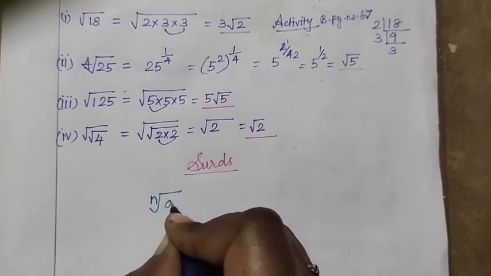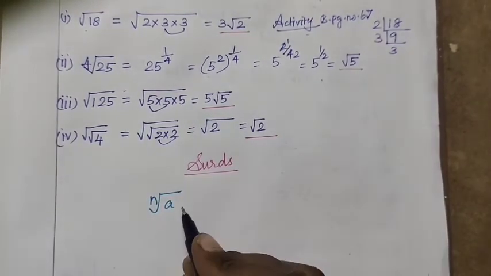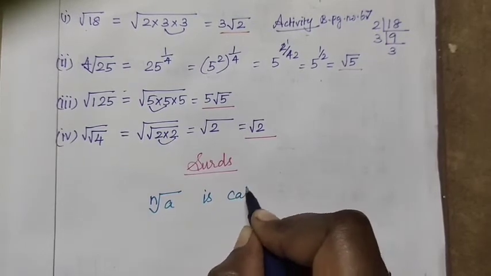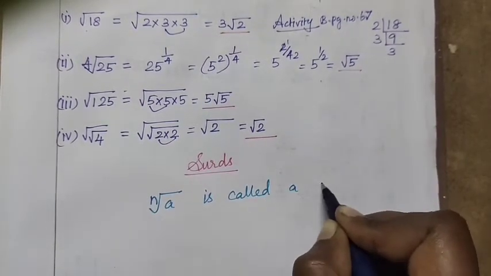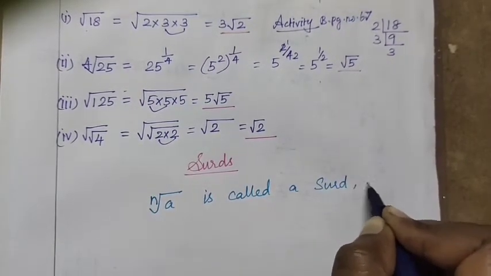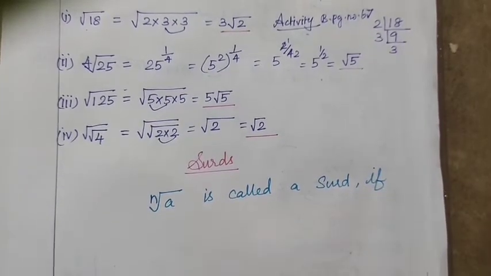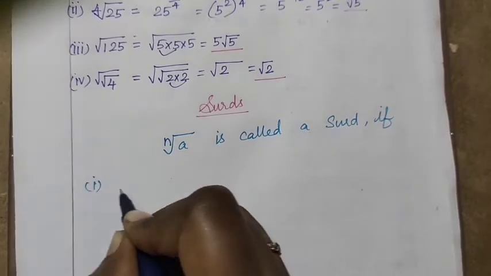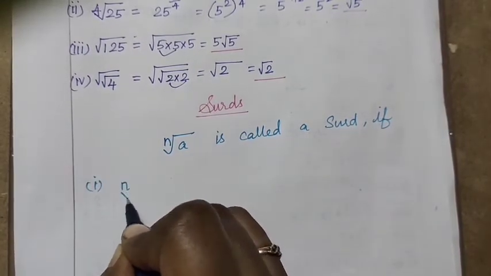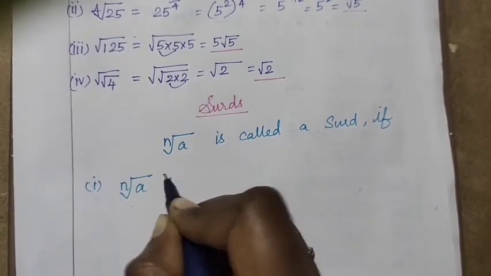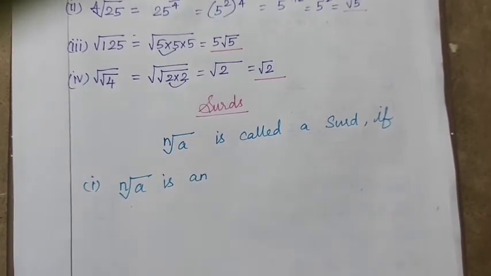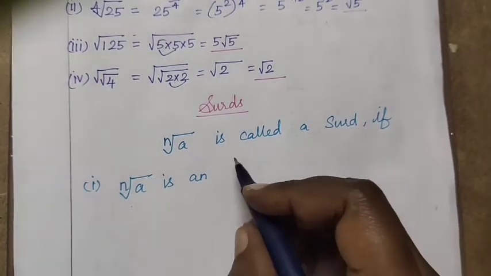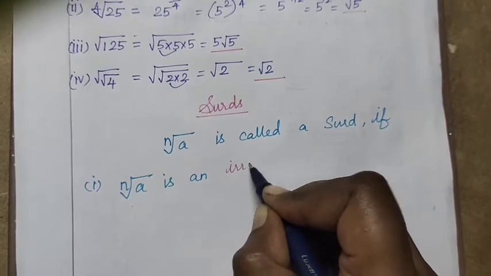Nth root of a is called a surd if there are two conditions. First one is, nth root of a is an irrational number.